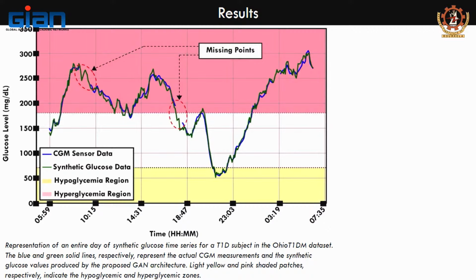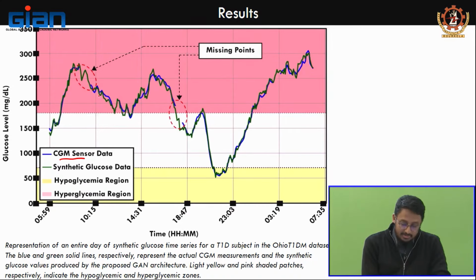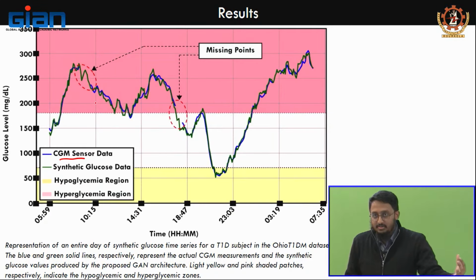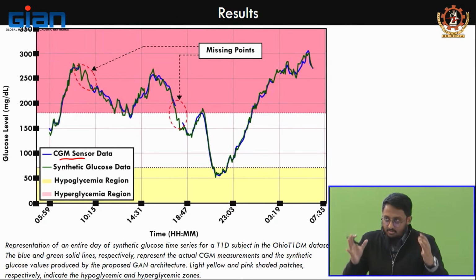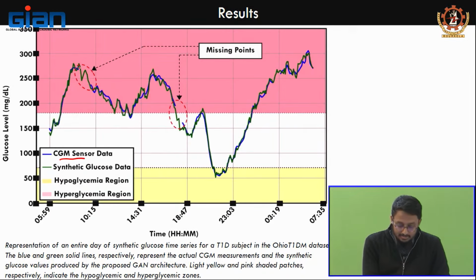So here as well, we have CGM sensor data where a number of points are missing, and we cannot train an AI model for forecasting with missing data points. So we do a pre-processing step where we find out what the missing points are, whether it is a long sequence of data which is missing or a short sequence, and based on that we use the trained GAN model to replace these missing data points.